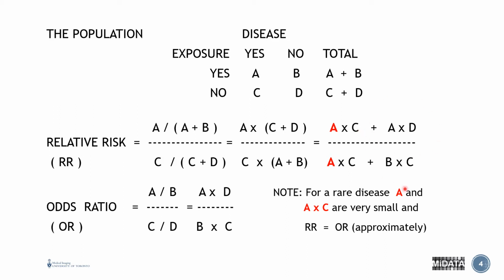And therefore, you can see the odds ratio will approach the relative risk as this term gets smaller. So this explains why when you have a very low prevalence of disease in the population, the relative risk and the odds ratio are very close.